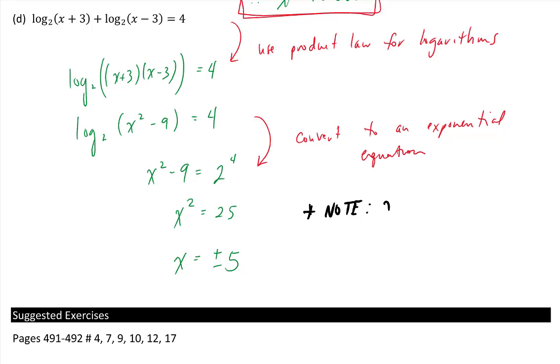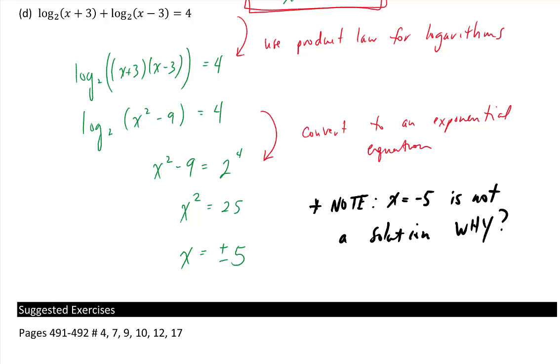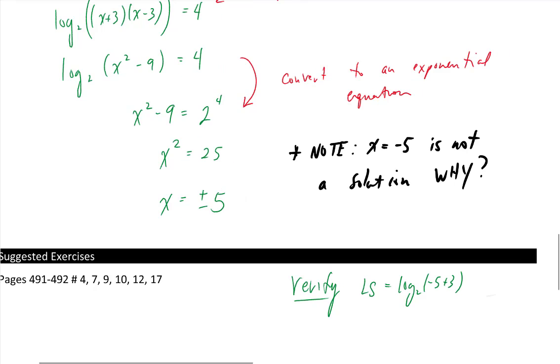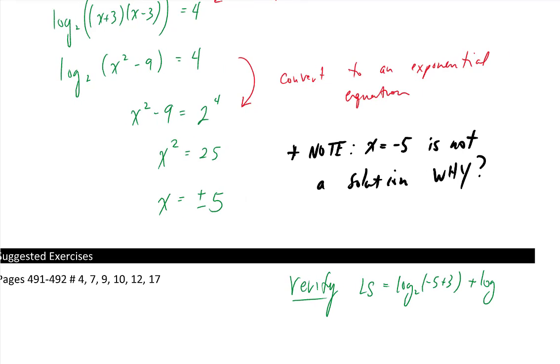However, note, x equals minus 5 is not a solution. Can you figure out why? If you try to verify the original equation, on the left side we get log base 2 of negative 5 plus 3 plus log base 2 of negative 5 minus 3.